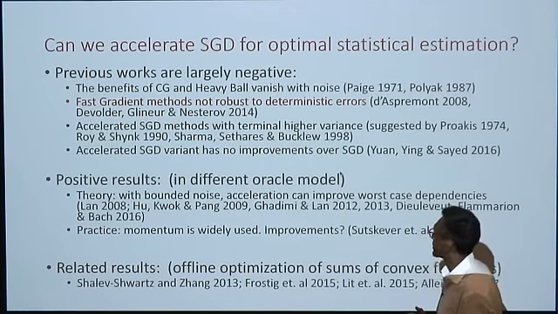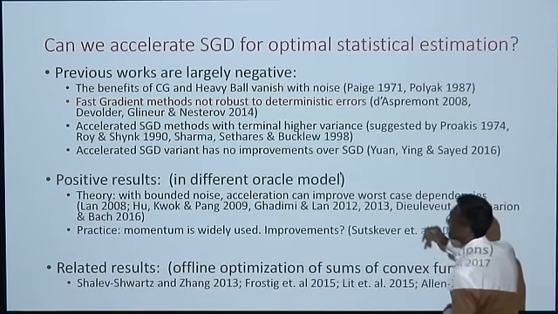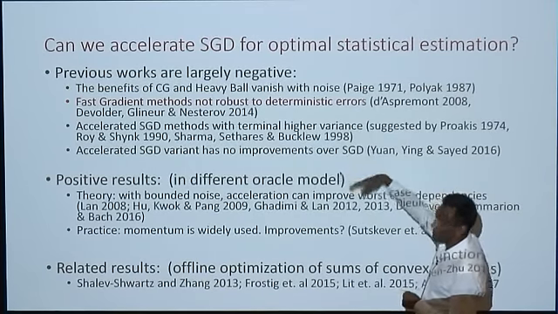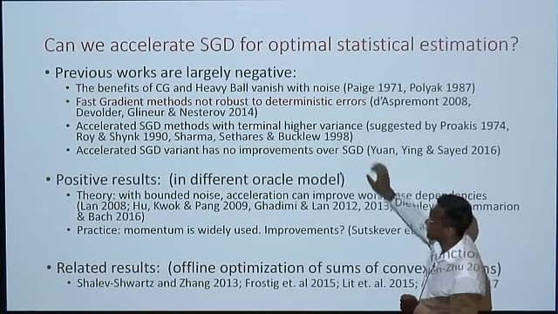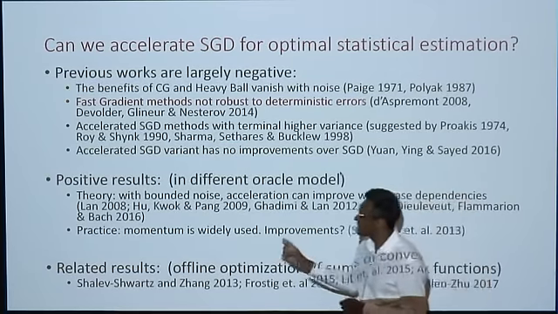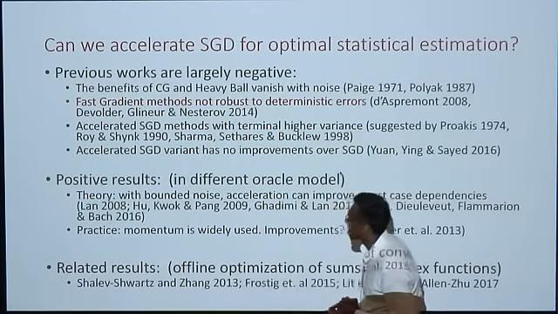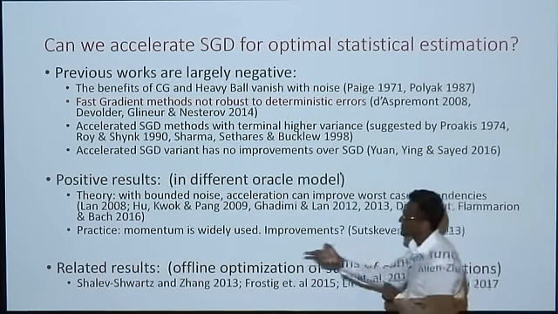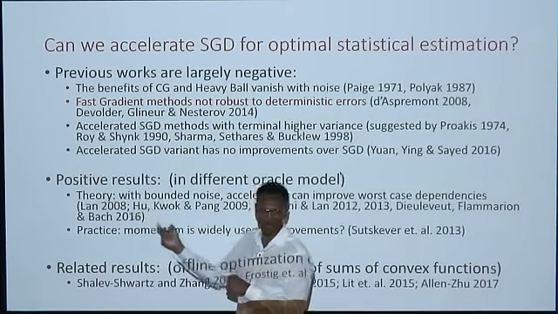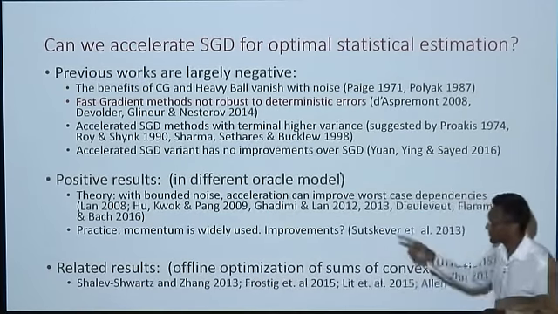It was unstable to noise. So there's been a fair bit in the numerical analysis literature looking at statistical issues. Lan has some very nice work for accelerating in a different oracle model, but he can't actually explicitly analyze the variance term and show it's optimal.